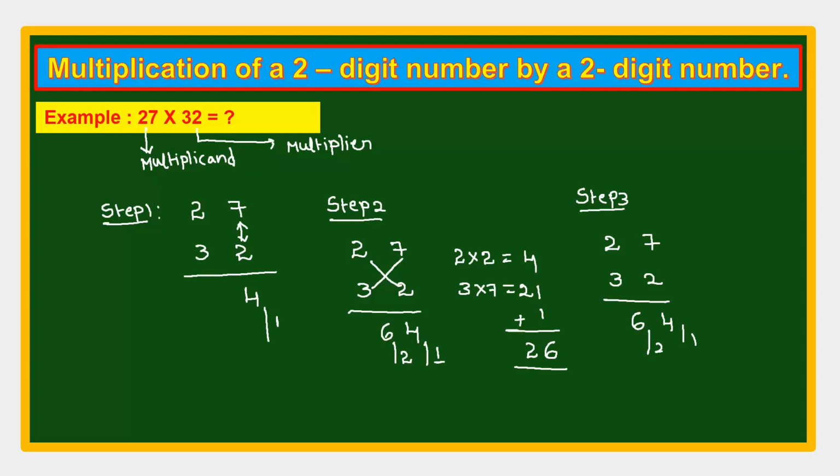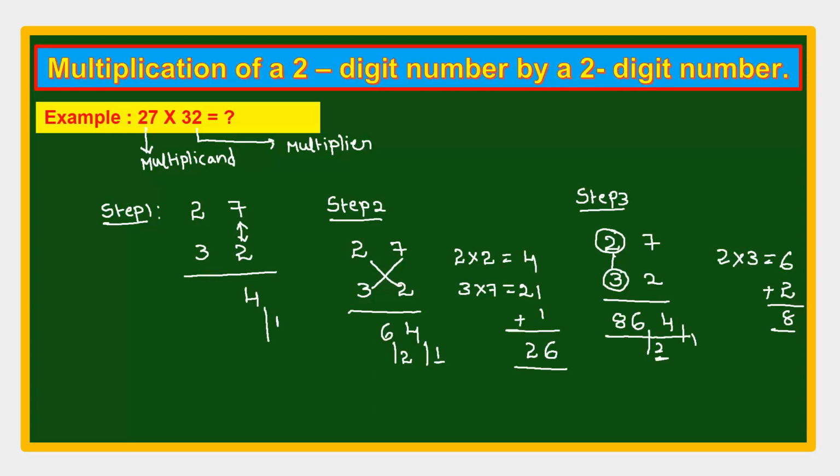It means, see here, tens digit 2 and tens digit 3. These two we have to multiply. 2 3s are 6. And we have to add these two, 8. So we write 8 here.